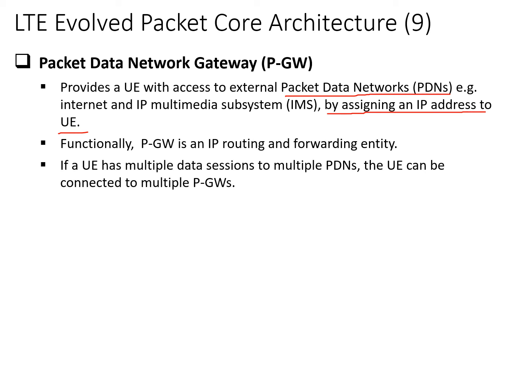So PDN Gateway assigns an IP address to UE. Functionally, PDN Gateway is an IP routing and forwarding entity. If a UE has multiple data sessions to multiple PDNs, packet data networks, the UE can be connected to multiple PDN gateways.